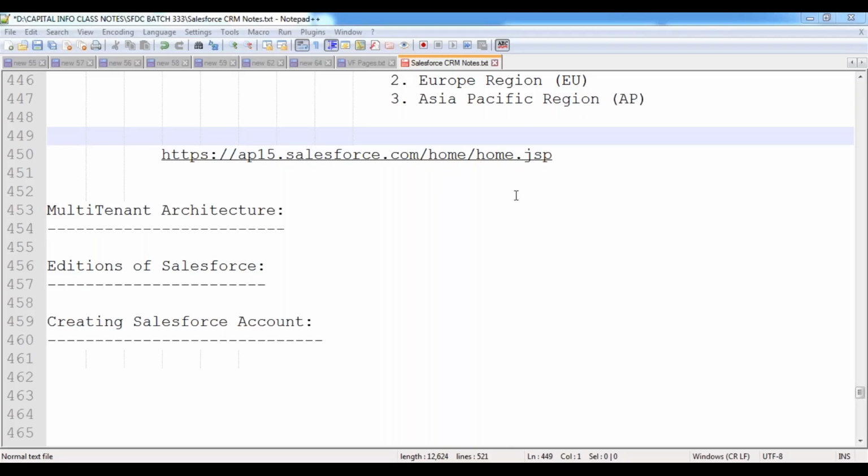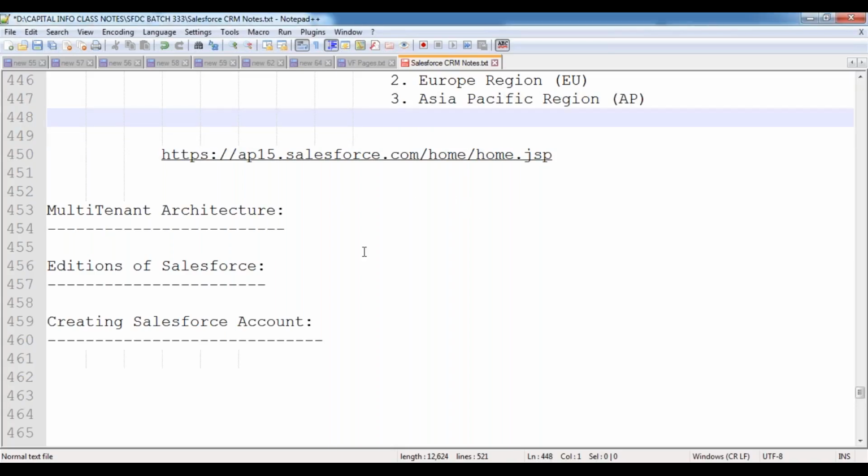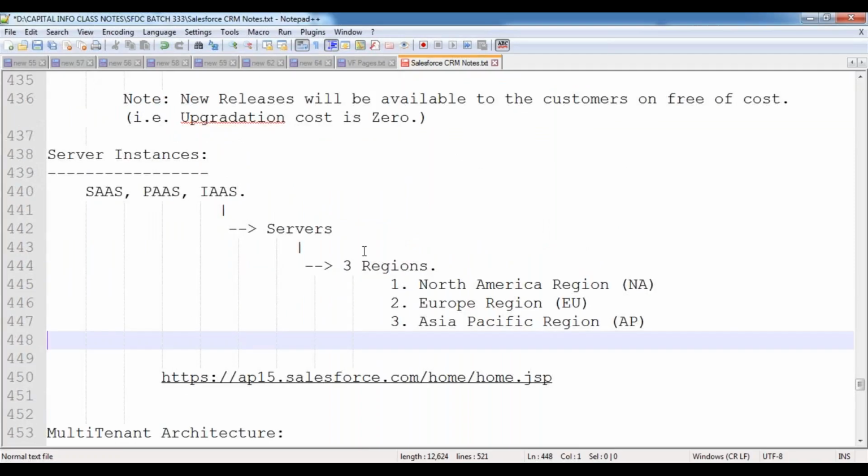So in the previous session, we have discussed the various server instances, and how Salesforce is allocating the memory space to the customers in the associated region's available server.